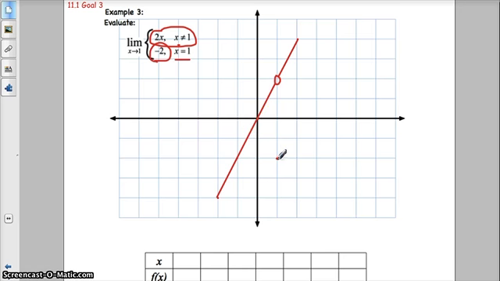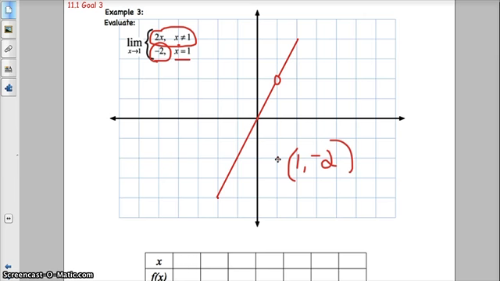So let's try to find that limit. This one's a little bit tricky. As x approaches 1 from both sides, you have to decide, am I going to approach 1 on the ordered pair (1, -2)? Or am I going to approach 1 along this linear function? Well, it's impossible to approach x equals 1 at the ordered pair because that is a point. It is an ordered pair.